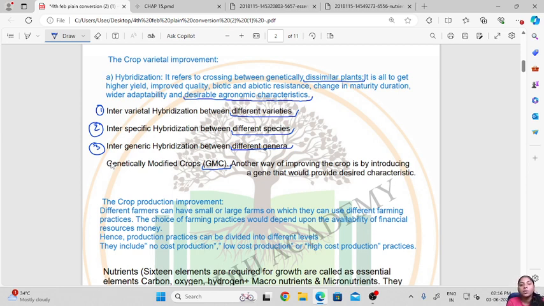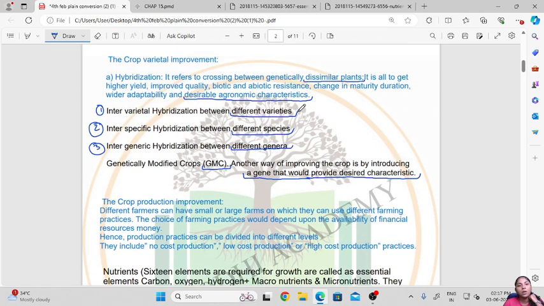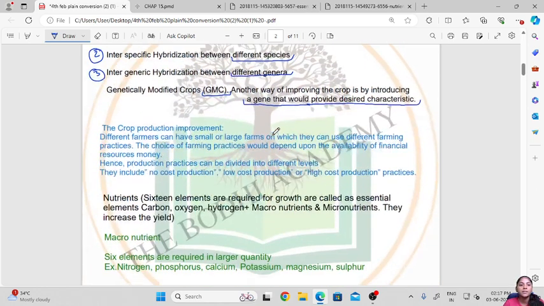So we introduce a new gene in the genome of the plant which would provide a desired character. It could be any character, it could be the gene for higher yield, improved quality, or for some kind of disease or stress resistance. So this is how we can improve the crop varieties.